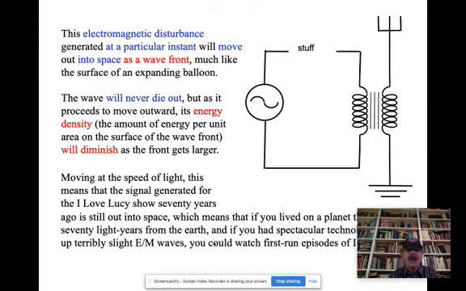Just as a kind of interesting side point, though, if you happen to live on a planet that was 70 light years away from Earth, and if you had the technology to be able to pick off electromagnetic waves with really, really low energy densities, it means that you could pick off the waves that were generated by the broadcasting of the first runs of I Love Lucy back in the 1950s.